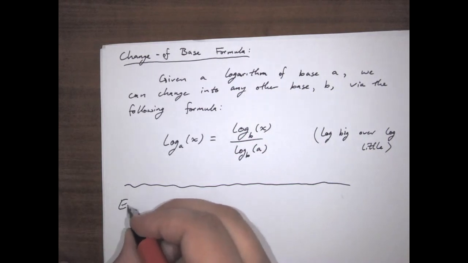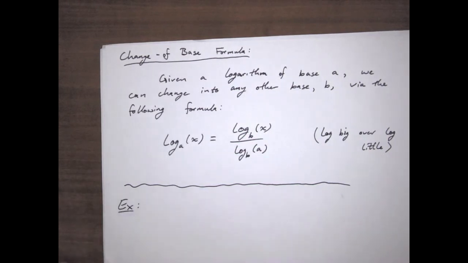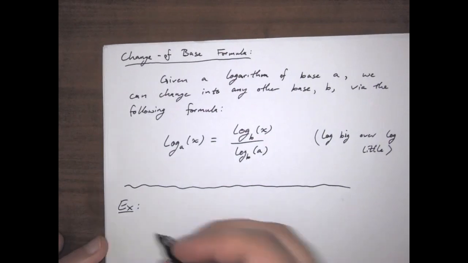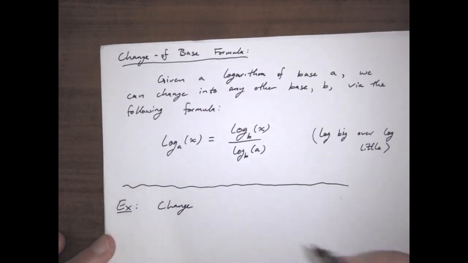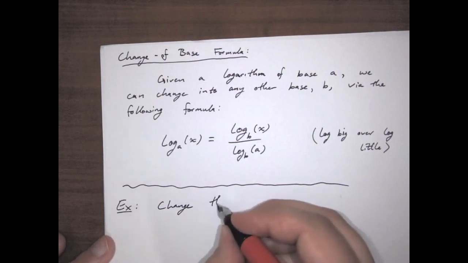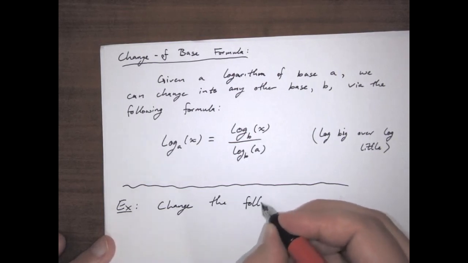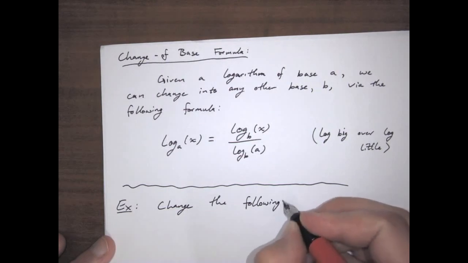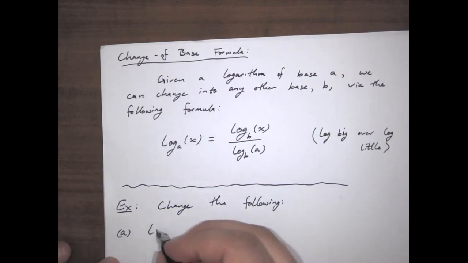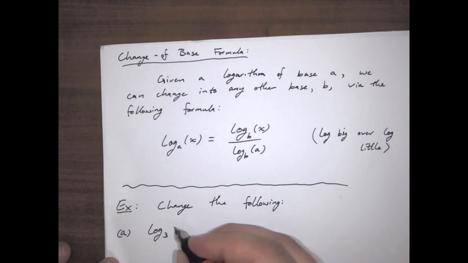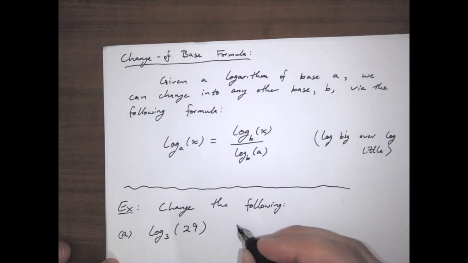Now, as an example, we might want to change something like the following. Let's say what we had was the log base 3 of 29.